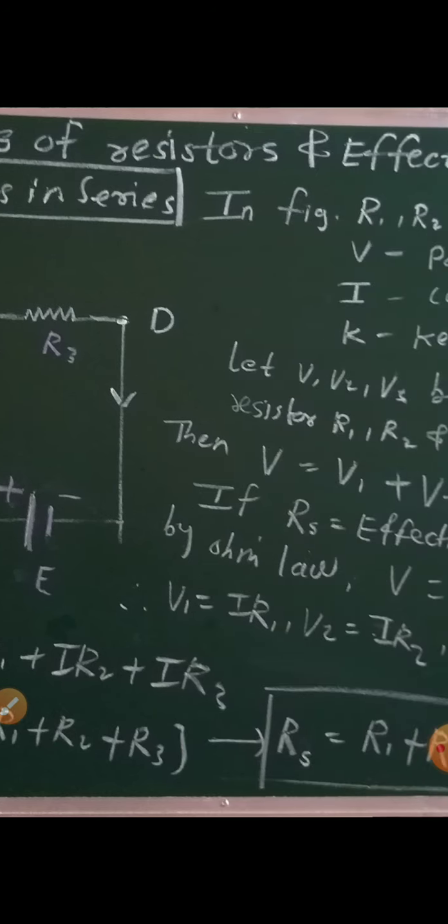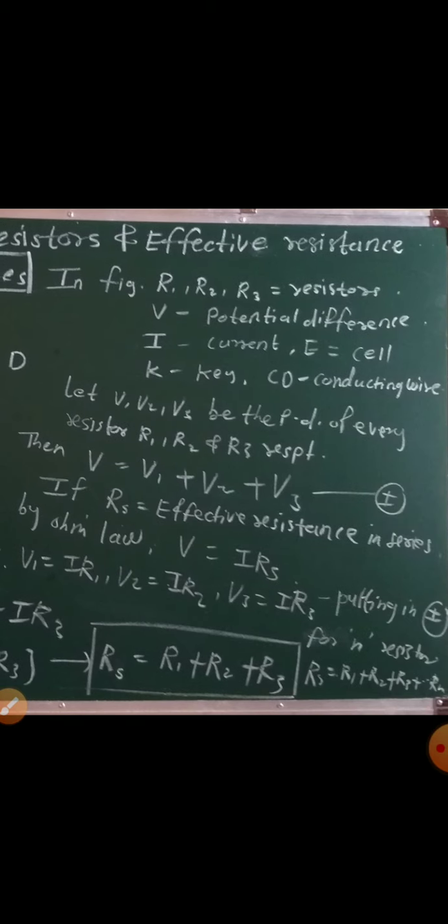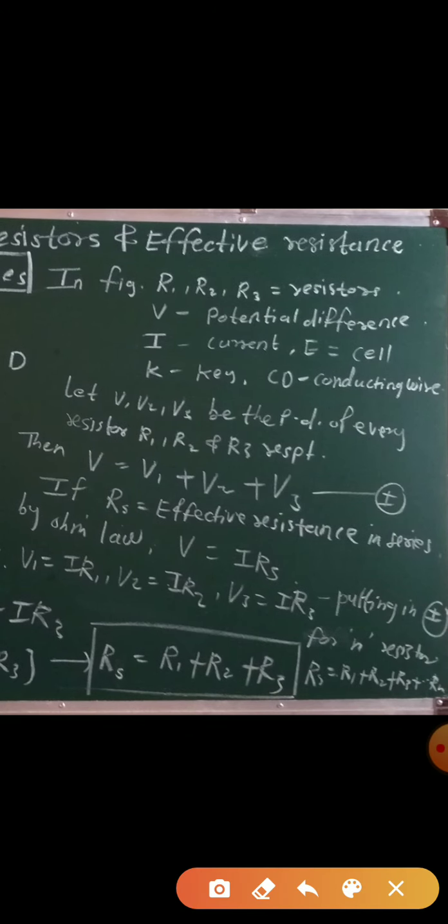Then the total potential difference is V equal to V1 plus V2 plus V3. This is equation number 1. Total potential difference means the potential difference of all the resistors.